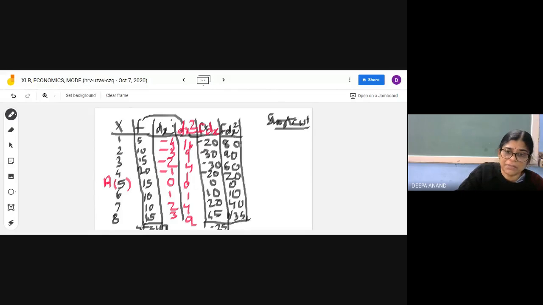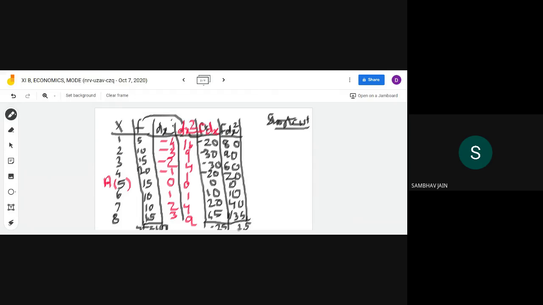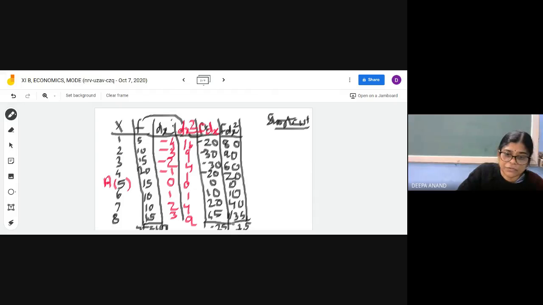Then sigma f dx square is equal to कितना मिला? 435, 3 plus 1, 4, 435. So here, what are the things you got? N is equal to total frequency is equal to 100.